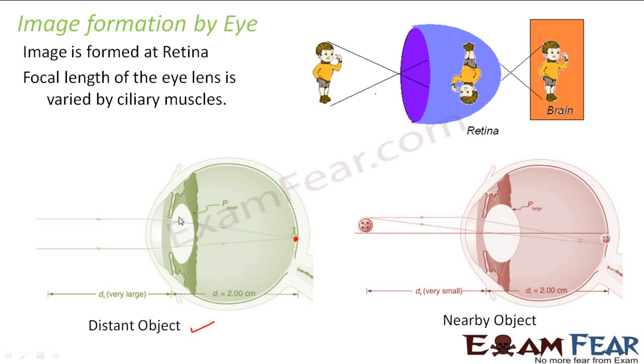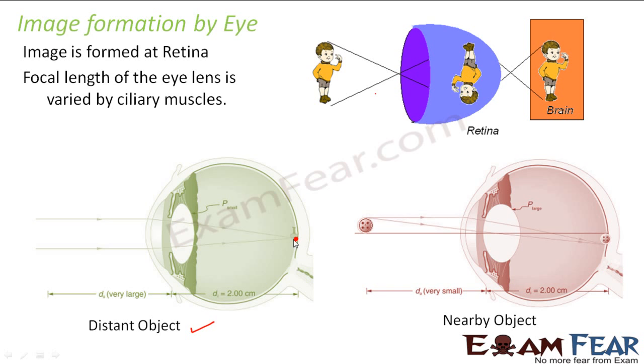So for distant objects, what happens? The ciliary muscles get relaxed. Now when the ciliary muscles relax, what happens? The lens becomes thinner, and as a result the focal length of the lens increases, and the maximum possible focal length is the retina, because beyond that there is no eye.